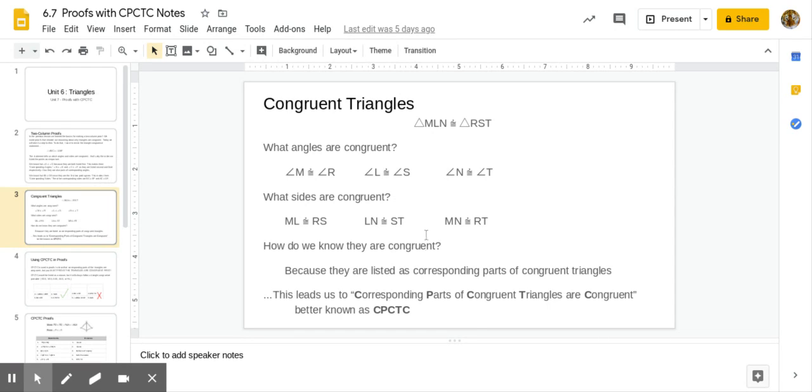So it doesn't matter whether it's an angle or a side, it's just a corresponding part of congruent triangles, and that's really important, are congruent. This is better known as the abbreviation CPCTC. Corresponding parts of congruent triangles are congruent.